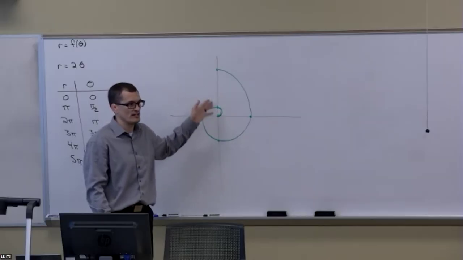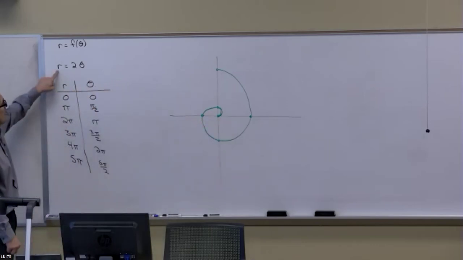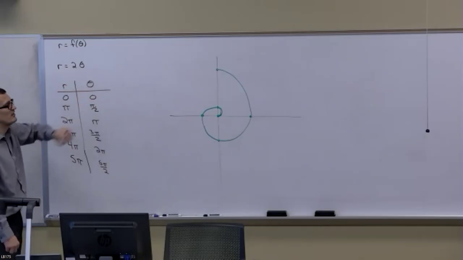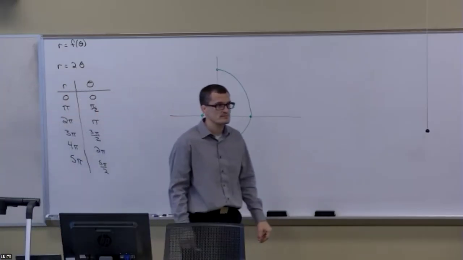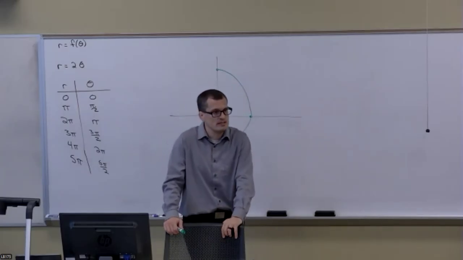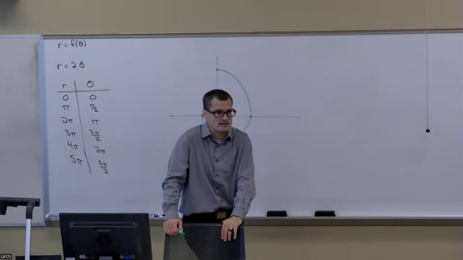It fails the vertical line test in the rectangular coordinate system. But in the polar coordinate system, r is a function of theta. So this is a function in the polar coordinate system. It is not a function in the rectangular coordinate system because it fails the vertical line test.